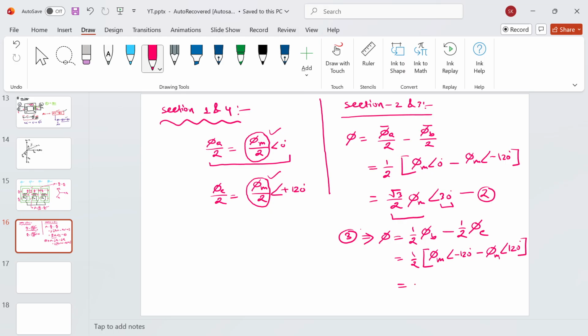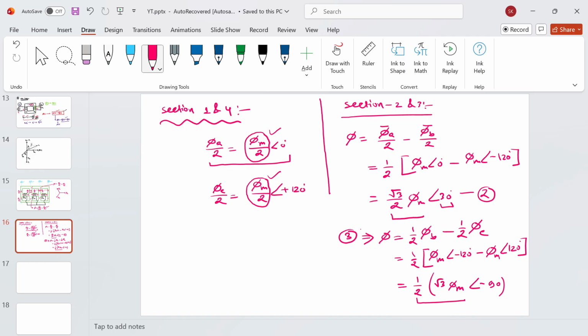So if you calculate, what will you get? You will get 1 at an angle minus 120 degree minus 1 at an angle of 120 degree, root 3 by 2 phi m at minus 90 degree. Again, for section 2 and section 3, the magnitude of the flux is root 3 by 2 phi m.